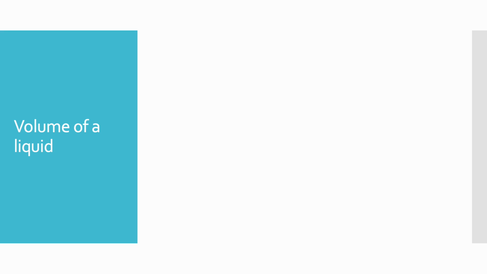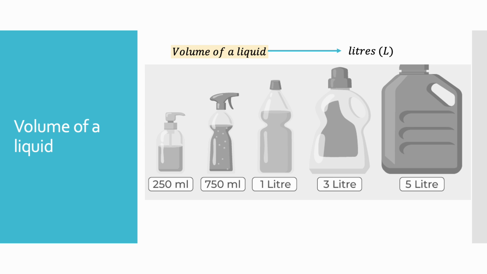Volume of a liquid. We don't measure liquids usually in cubic centimeters. We use liters. We are more familiar with this unit when we are measuring liquid. So here are some examples. A small bottle of hand wash might hold 250 milliliters.